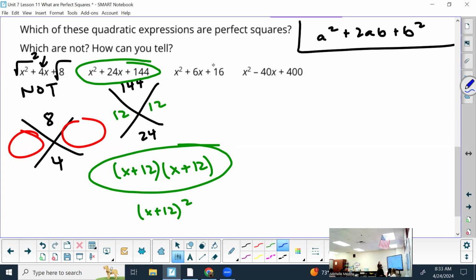Okay, so think about it, don't say it yet. Would this one be a perfect square? Okay, what do you guys think? Yes or no for that one? All right, so what multiplies to 16 and adds to 6? Anything you can think of?